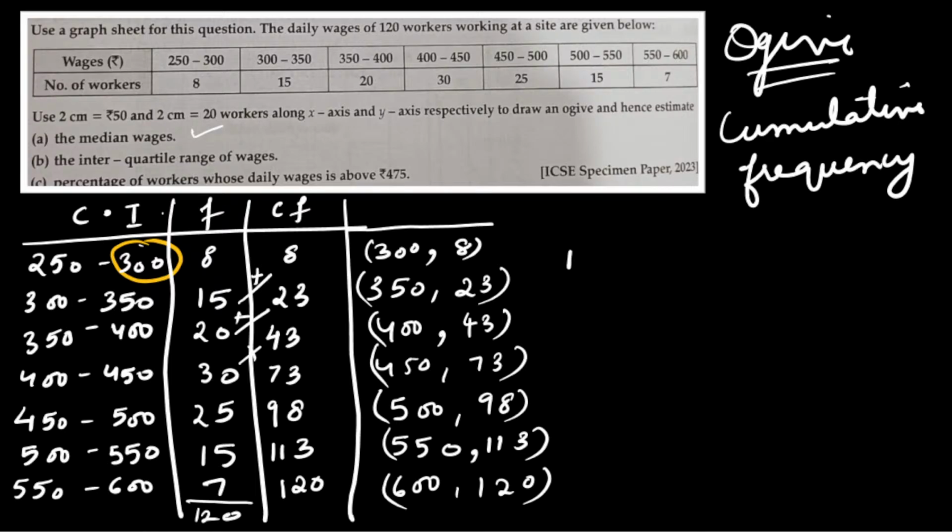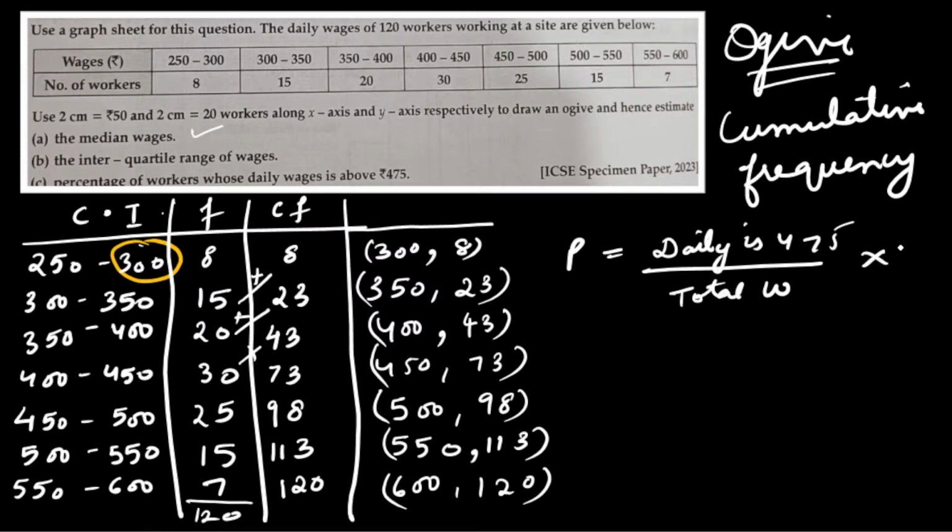Whenever you have to find a percentage, whichever thing's percentage you are finding should come as the numerator. Like here we are finding the percentage of workers whose daily wage is above 475. So the number of persons whose daily wage is above 475 will come here, and then here total workers will come, into 100.